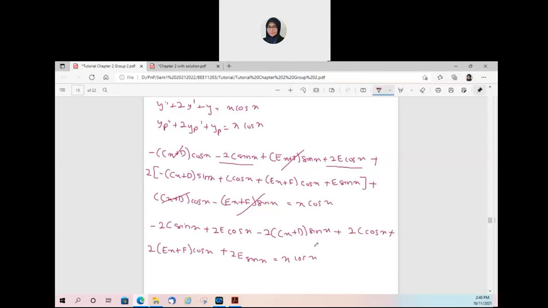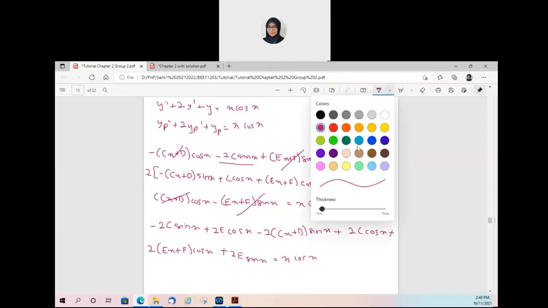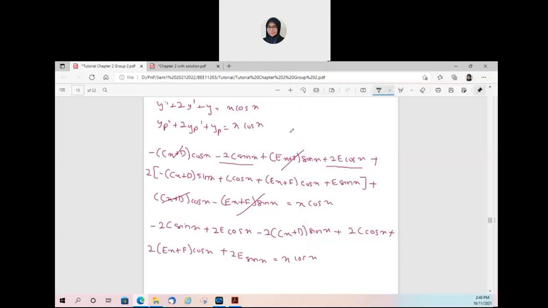Now what we do next is regroup the left hand side regarding the sine and cos.